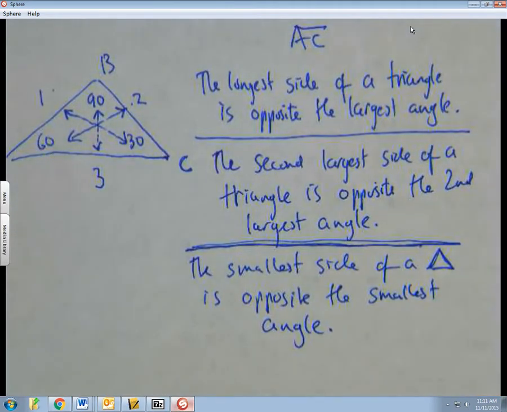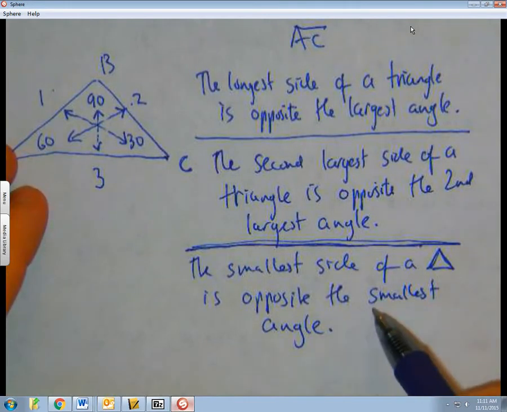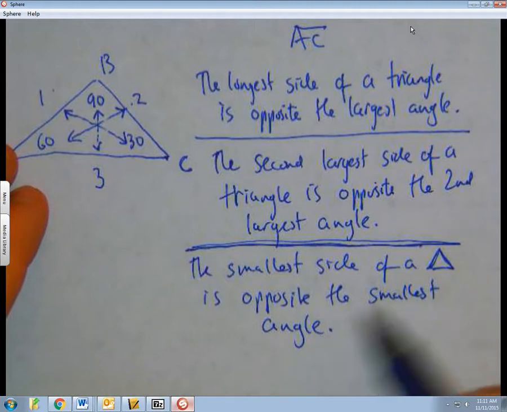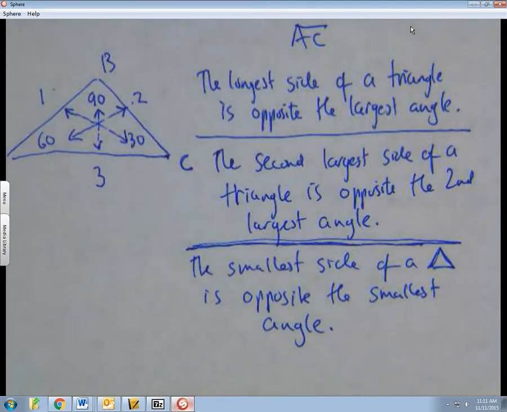Alright, so that's really what we have. And like I said, vice versa. So the smallest side is opposite the smallest angle, so the smallest angle would be opposite the smallest side. It goes both ways. Alright, so that's that.